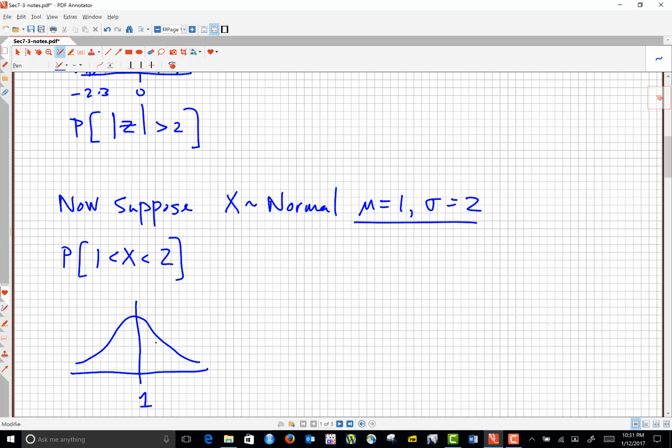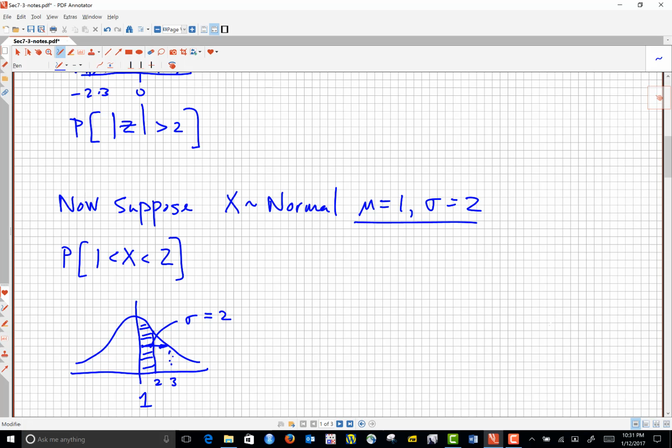Now it's centered at 1. The standard deviation is now 2. So what I'm looking for is an area under a normal curve from 1 to 2. This would be 3 there.